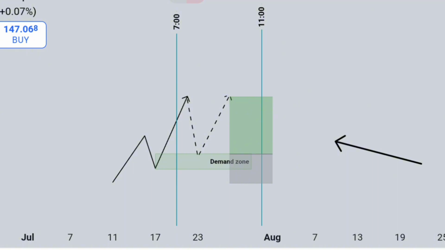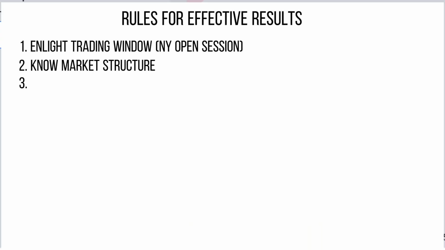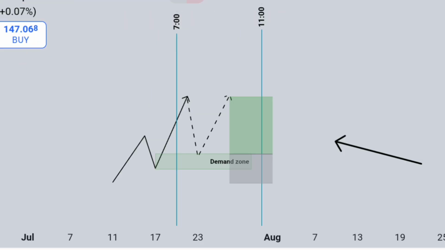Market structure is not difficult to read on lower time frames, as well as higher time frames, because the lower time frames always follow what the higher time frame is saying, right? Thirdly, you need to know how to mark out your supply and demand order blocks. You need to know what an order block is and how to know a valid order block.